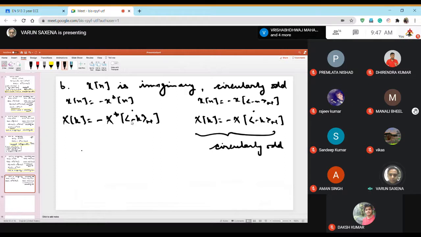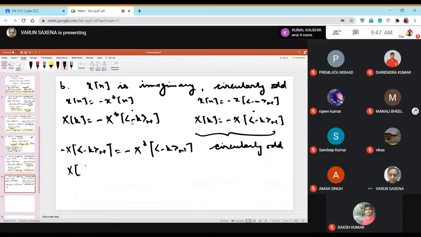And then if you come to this, then you will come to the fact that minus capital X minus K modulo n is minus conjugate minus K modulo n, which means that X minus K modulo n is same as X conjugate minus K modulo n.